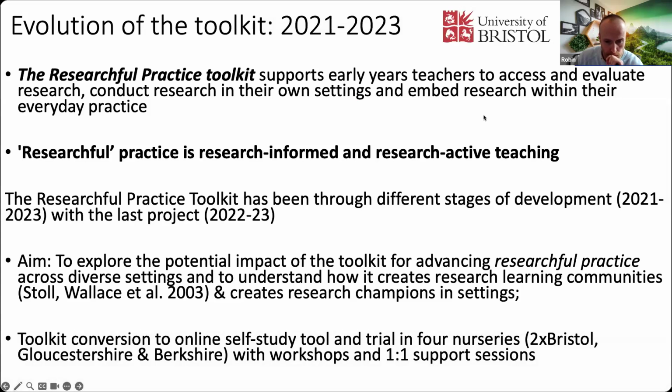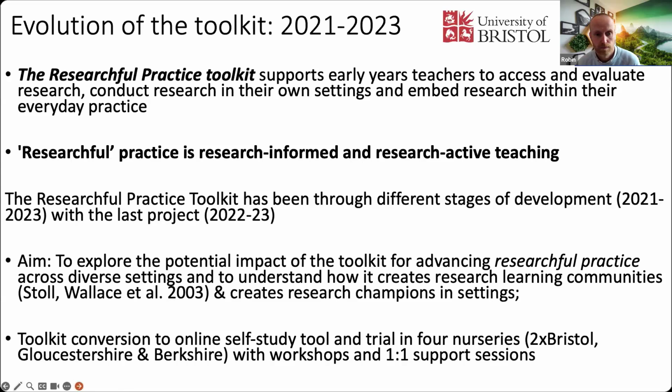Out of the success of that, we built another project, RC IAA project funding, which we got, and we worked with a handful of settings across Bristol, South Gloucestershire, and Berkshire over a year to understand how the toolkit as an online course would advance research or practice and create these research learning communities as a result.